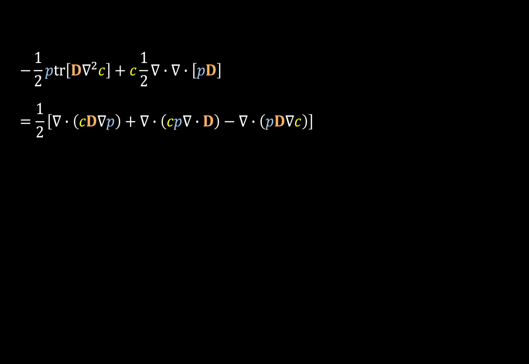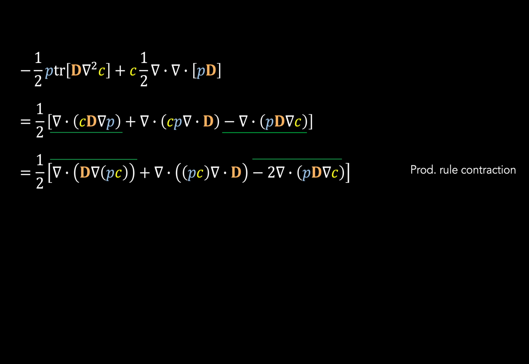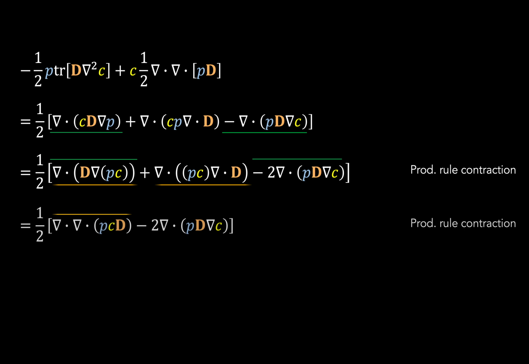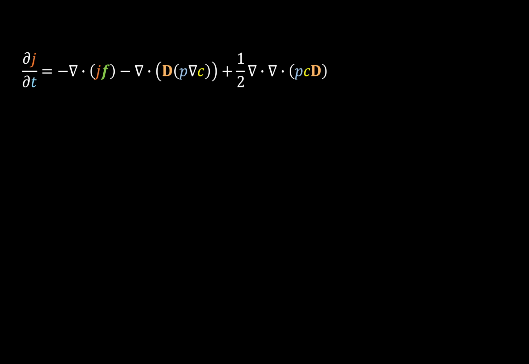So now we have this. Now if we look at these 2 terms, it looks like they could have been generated using the product rule, except that one of them has a minus sign. So we can just do a product rule contraction, but with an extra -2 term. Now we can again contract to get a double divergence term, and then take the 1/2 into the bracket. So now we have this for our full derivative.